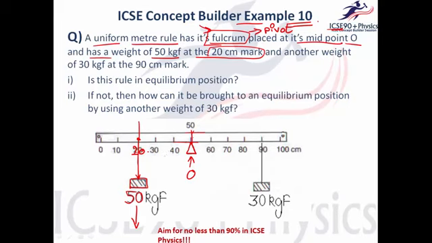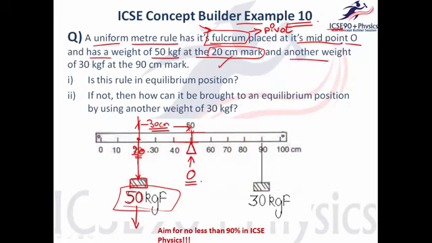It simply indicates that this force is at a perpendicular distance of 50 minus 20, that is 30 centimeters from the central pivot point O. So whenever you consider the moment of this force of 50 kgf, you consider it at a perpendicular distance of 30 centimeters.